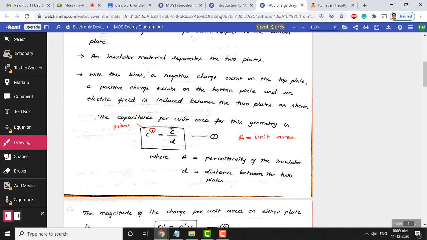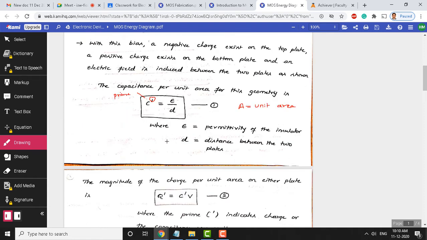If we know the capacitance per unit area of each material, maybe silicon dioxide, the metal surface, or the substrate layer, then we can integrate over the entire surface and the total capacitance can be calculated. That is the reason we use capacitance per unit area with reference to the MOSFET.